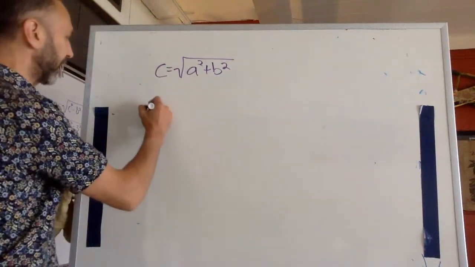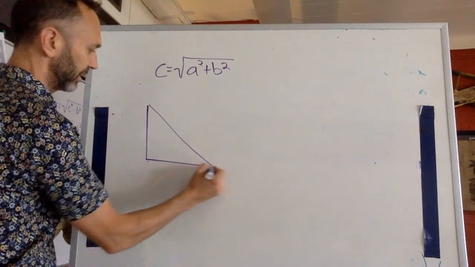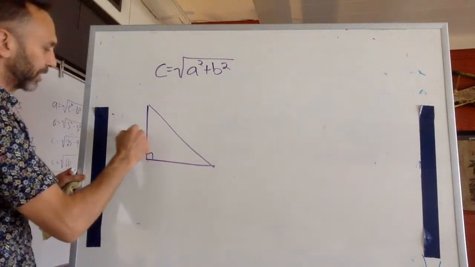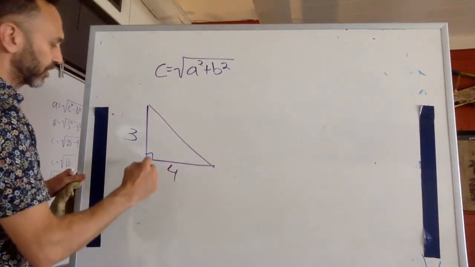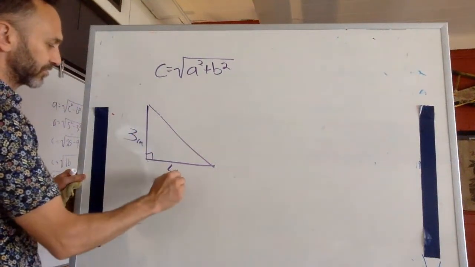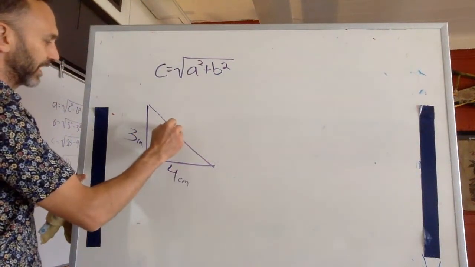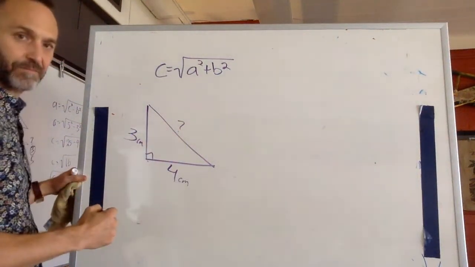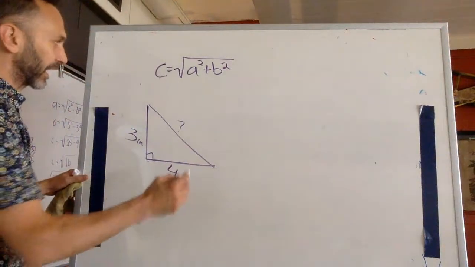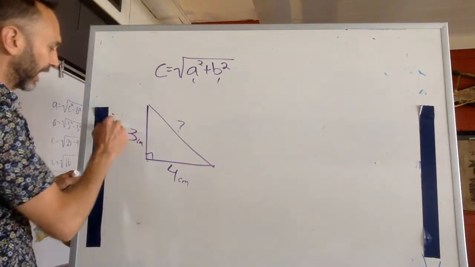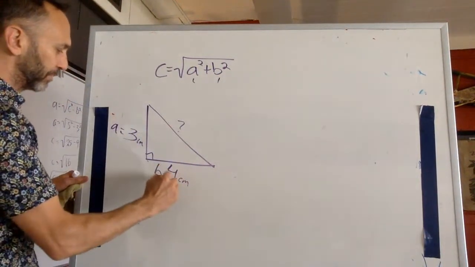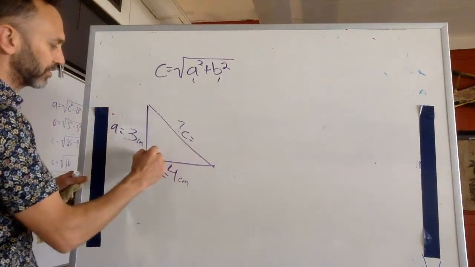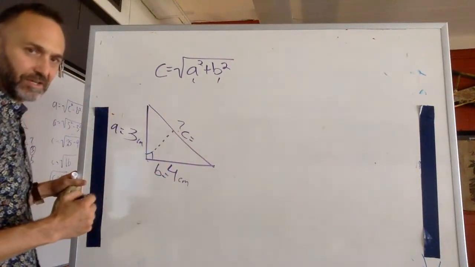So if we have a triangle, and I'm going to use easy ones, we talked briefly about those Pythagorean triples. So this is 3 centimeters, this is 4 centimeters, and this is my unknown, or x. The very first thing we do is we're going to label. A and B are the legs. C is always the hypotenuse, the one opposite the 90-degree angle.